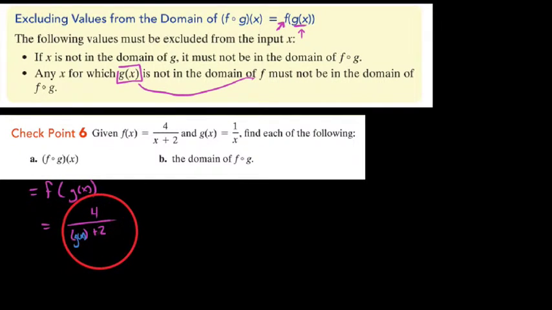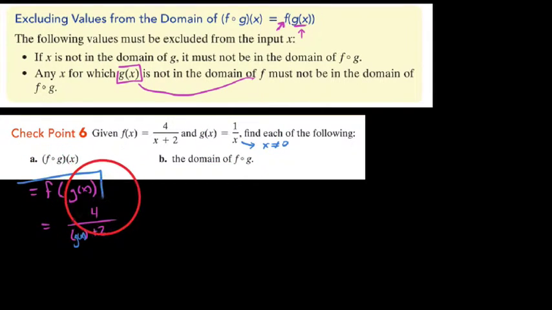Now, g of x is 1 over x. The thing we want to recognize here is that x should not be equal to 0. If we allow x to be 0, f of g of x will never even get off the ground, because g of x never had a value in the first place.